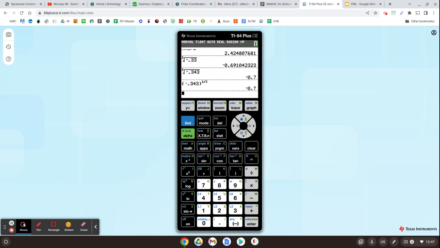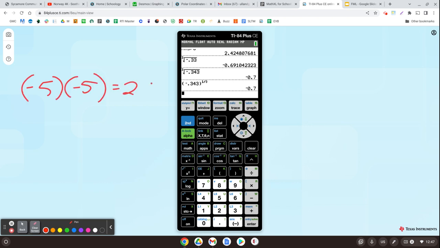Okay, Rach. It is not. What a great question. Square roots of negatives are imaginary, but cube roots of negatives are all good. What's negative 5 times negative 5, Rachel? Positive 25.